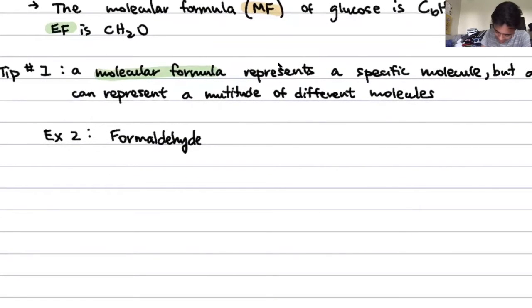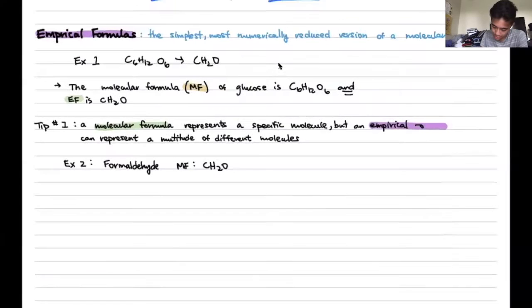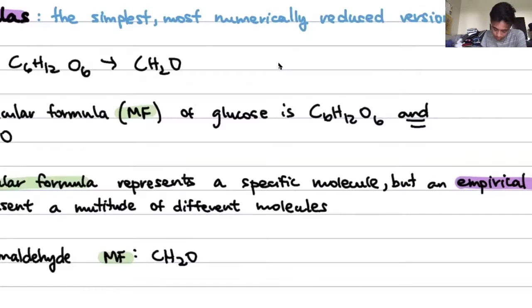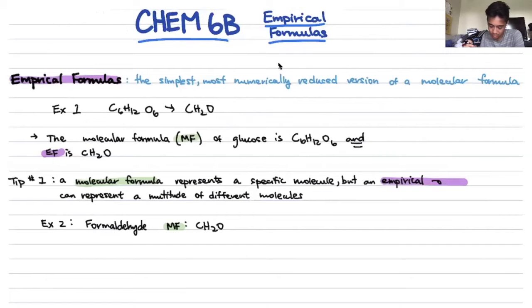It has a molecular formula of CH2O. I'm going to highlight that: everything that's molecular formula in green and everything with empirical formula in purple. So formaldehyde has a molecular formula of CH2O.